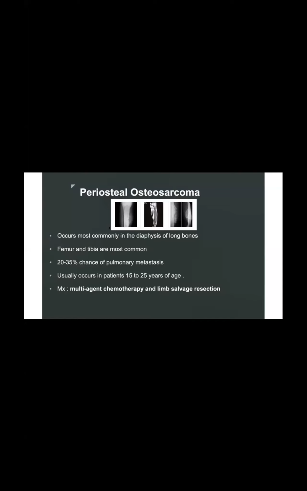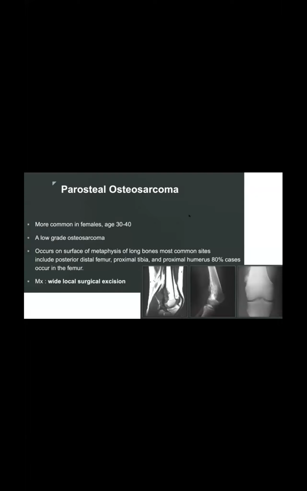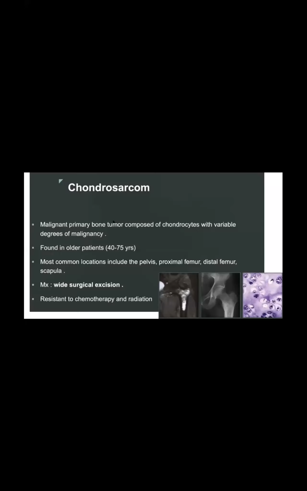We give multi-agent chemotherapy and limb salvage resection. Parosteal osteosarcoma, not peri, is a paro, associated with the female age group of 30 and the metaphysis of long bone as the most common site. Wide local surgical excision is the management plan.